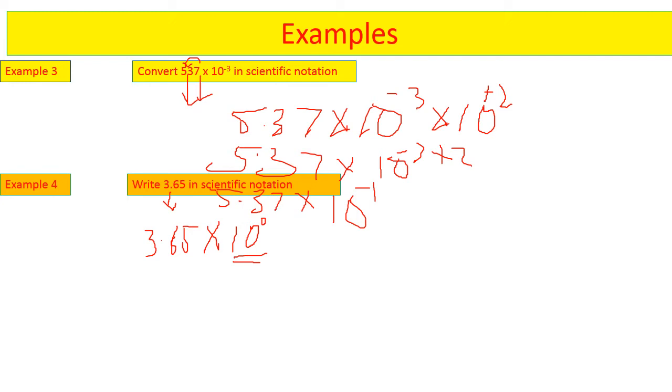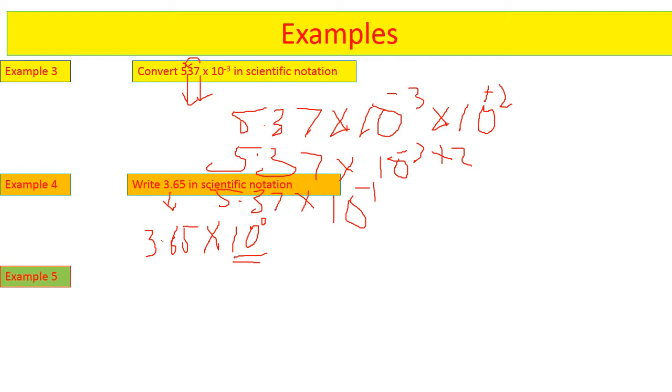If we multiply 1 by 3.65, that will remain 3.65. There is no effect on this. So two conditions are fulfilled to write this number in scientific notation.